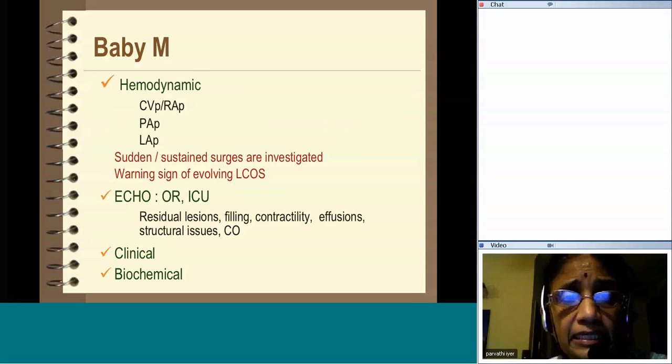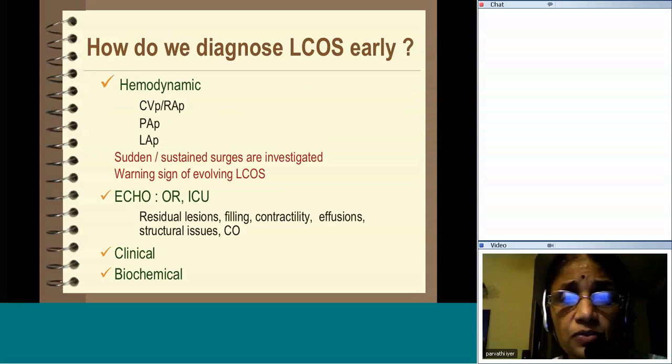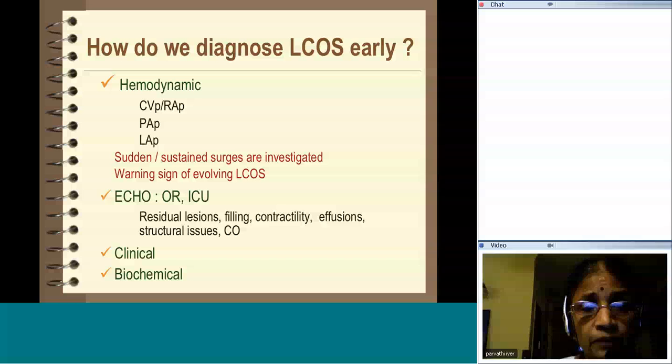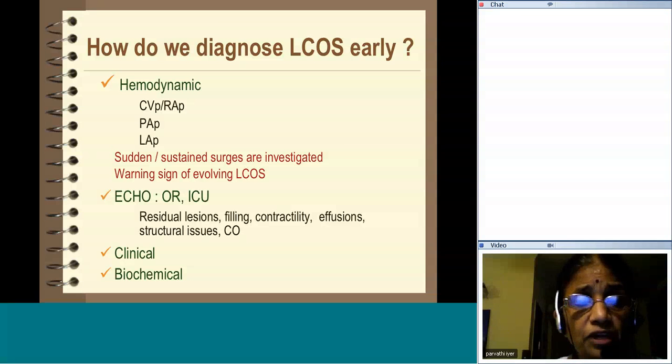Now, in the intensive care unit, how do you diagnose low output state early? There are multiple parameters which we have to look at, and these are broadly hemodynamic parameters, echocardiograms, clinical and biochemical. Hemodynamic, we are all aware of. If you have a central venous line, you need to look at central venous pressure.